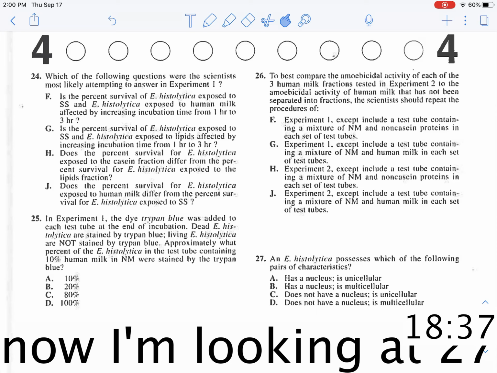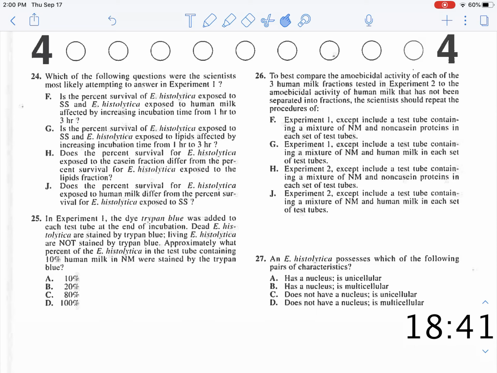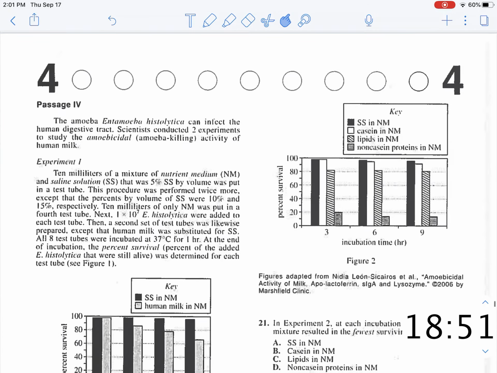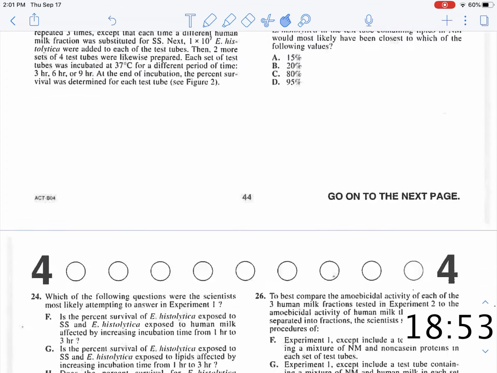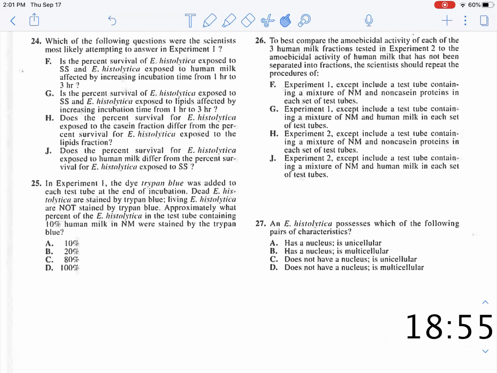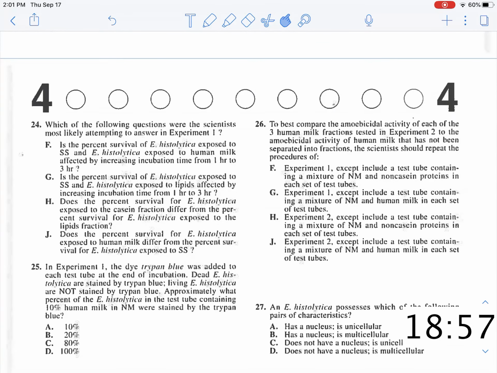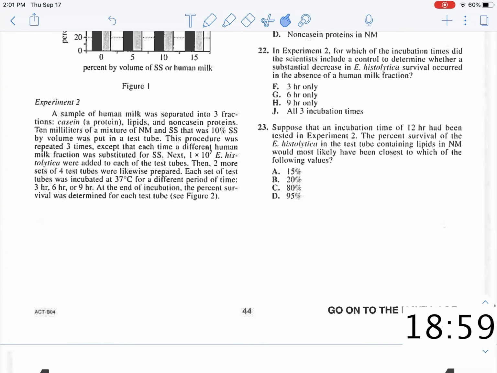25. E. histolytica persists, which of the following. Oh boy. An amoeba is unicellular. I think it's A. I don't even know. Didn't learn about amoebas. Sure. Okay. Now we read experiment 2.